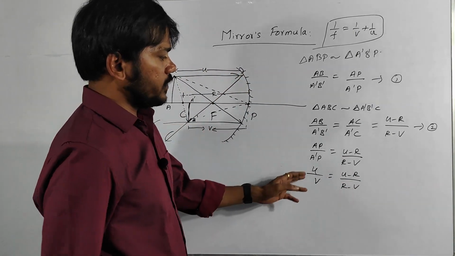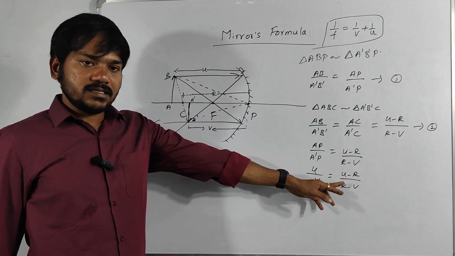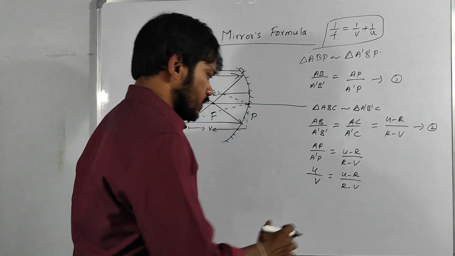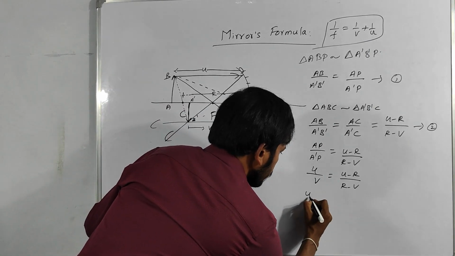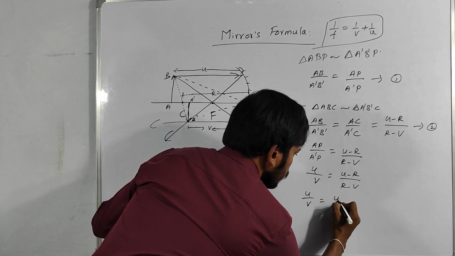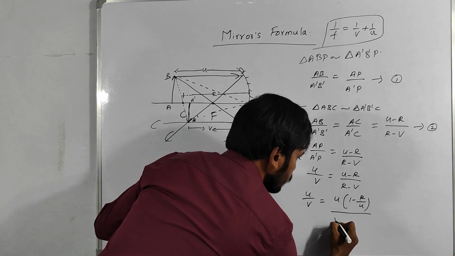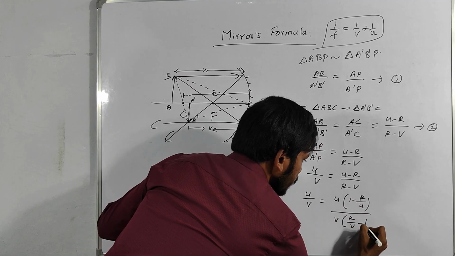Now I'll cancel this u and v, but still you will have u and v, because in the RHS if we take u and v as common, let us see what will happen. u by v is equal to u into 1 minus r by u, by v into r by v minus 1.